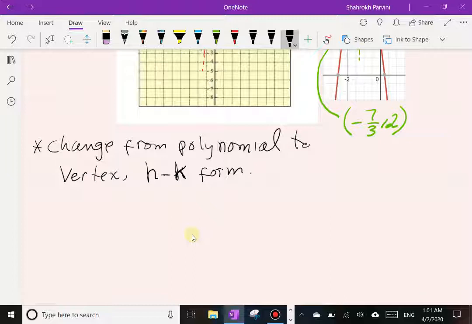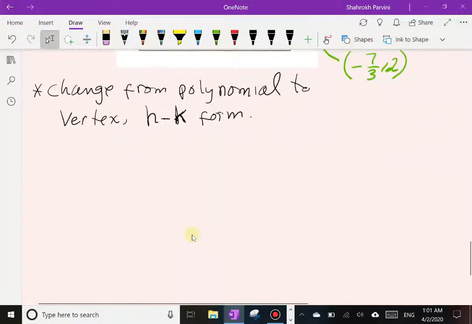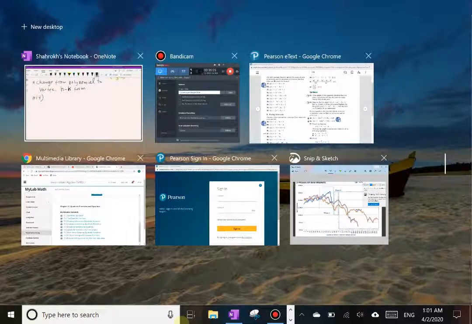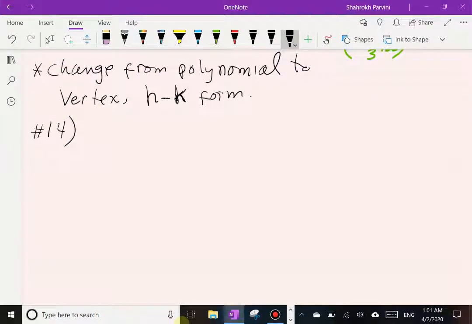Okay, now we can do that by the following. In this exercise that we're about to do, exercise number 14, the function is f(x) = 2x² - 20x - 3.